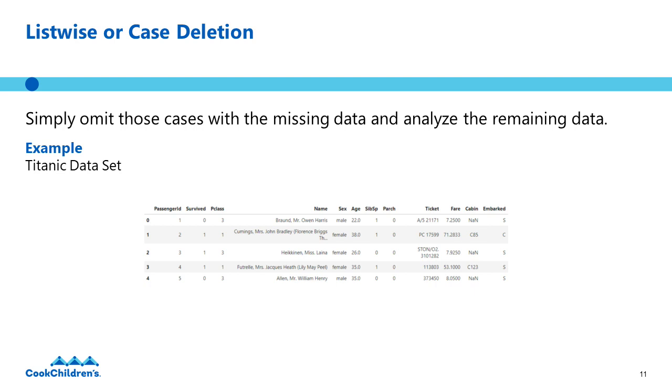So if you complete listwise deletion on Cabin, where NaN is absent, missing data, and you include Cabin, it reduces your data set from 860 something to 87, which can be exceptionally problematic because not only have you significantly reduced your sample size, but you've probably gotten rid of a lot of observations that are very different from the remaining sample. And so you're going to skew or bias your results.